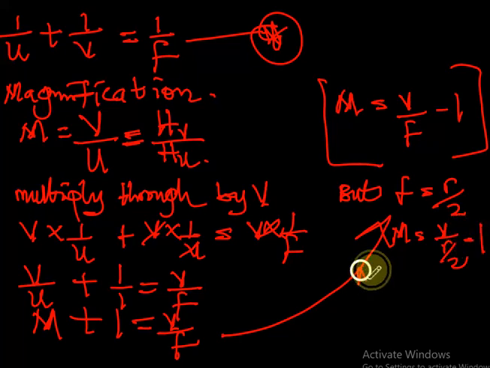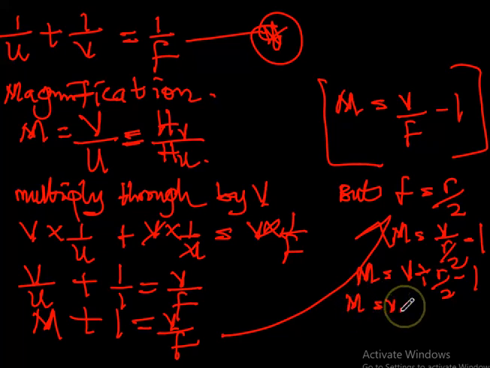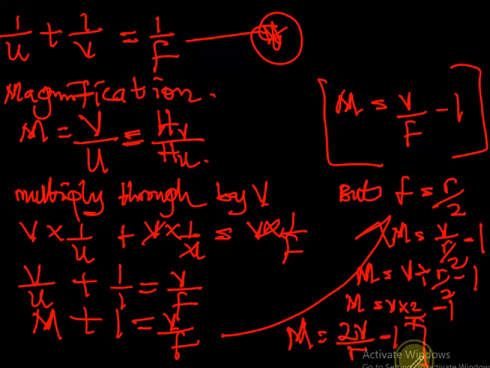That makes it m equals v divided by r over 2, minus 1, which makes it m equals v times 2 over r, minus 1. And finally, you can have another expression for magnification as 2v over r minus 1. So this gives you another expression for magnification.